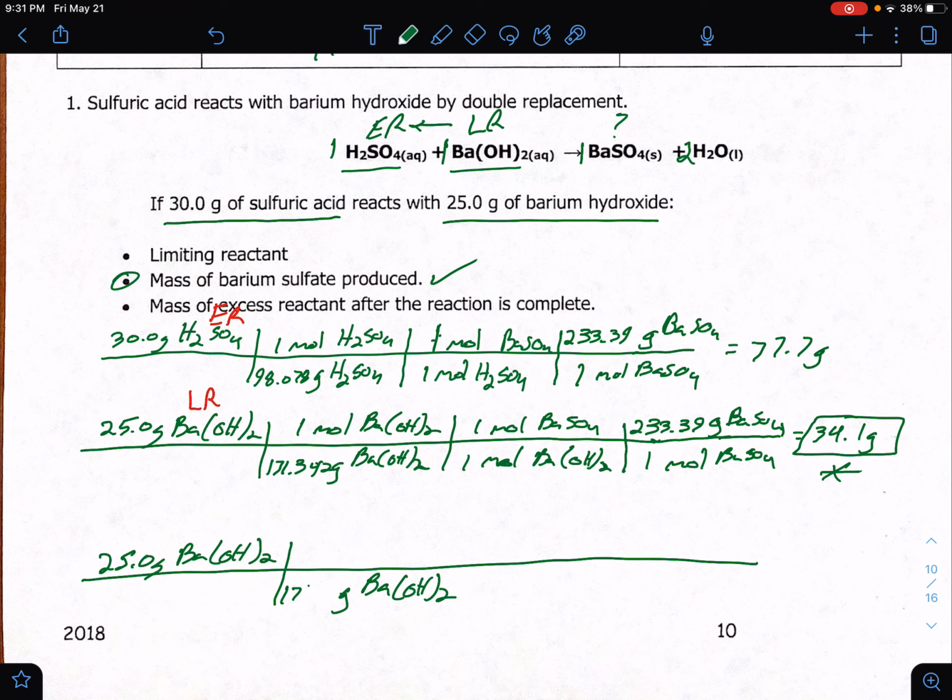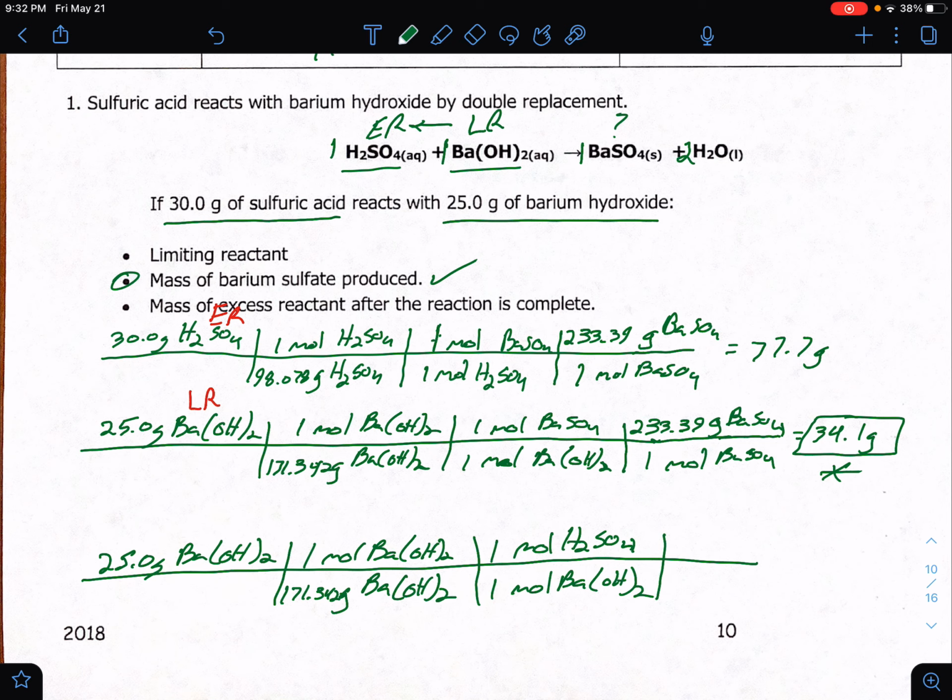So that's 171.342 equals 1 mole of BaOH2 on top. Okay, I'm going to bring moles of BaOH2 on bottom. And now I'm trying to get to H2SO4, so you're going to do the moles of H2SO4 on top. This is going to be easy because this is just a 1-to-1.